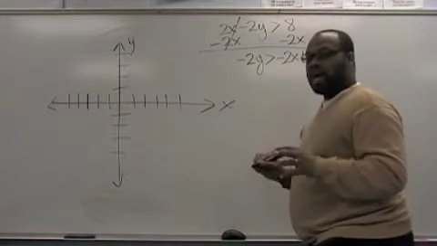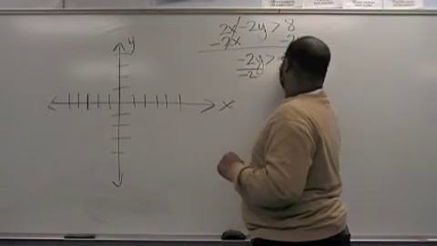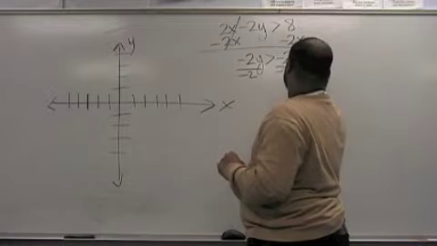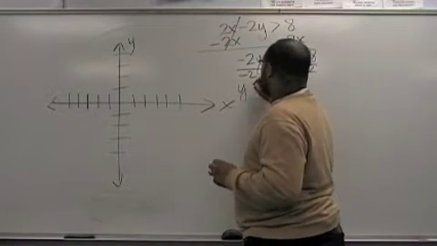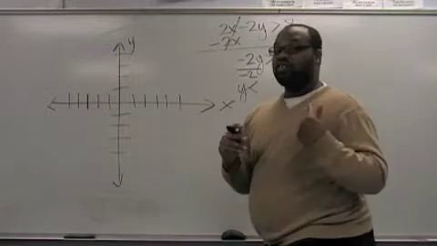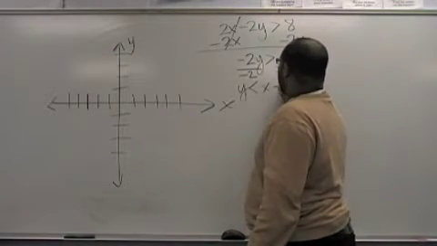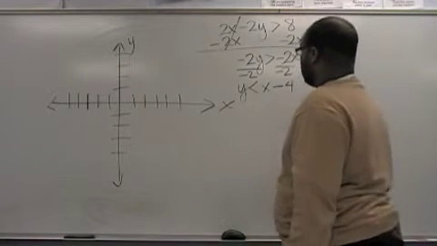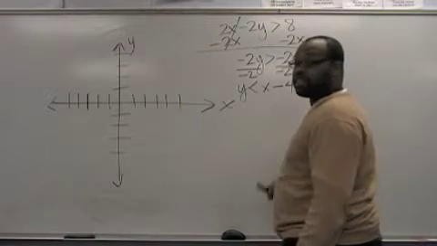Now to solve for y, I need to divide by negative 2 on both sides, using the distributive property. And I end up with y is now less than, because I divided by a negative number, a positive x minus 4. Y is less than a positive x minus 4.